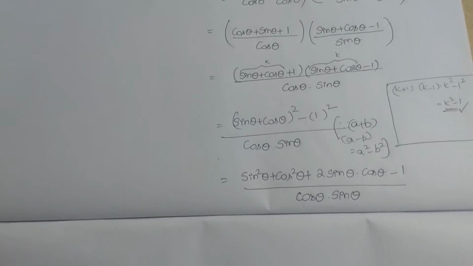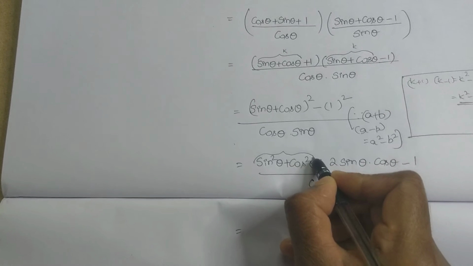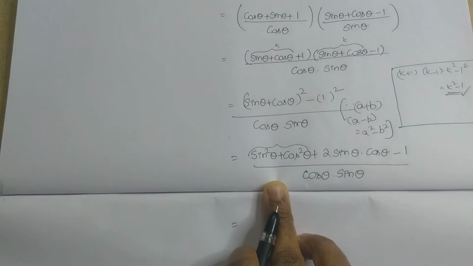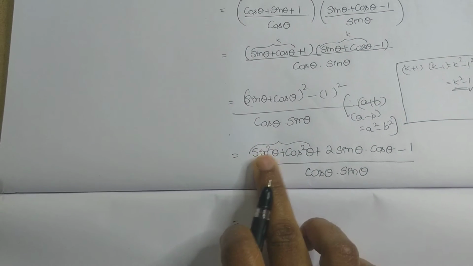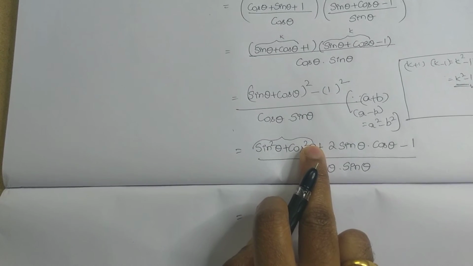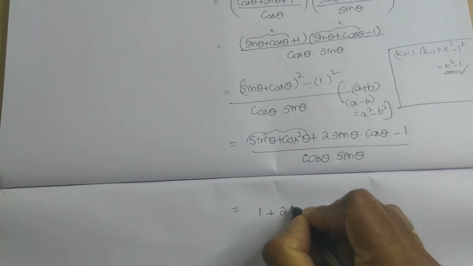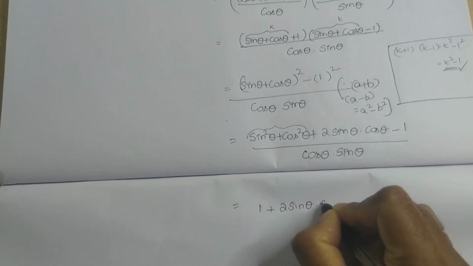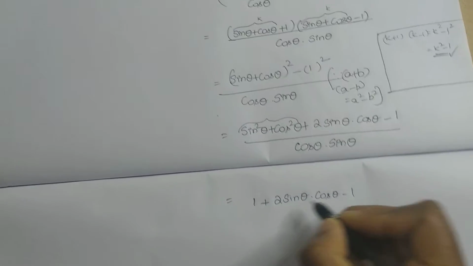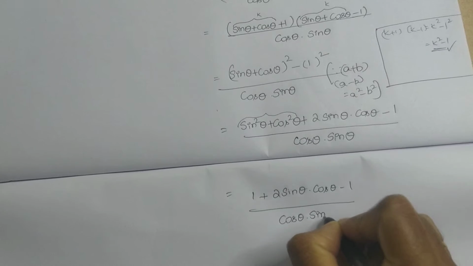So in the next step, what happens? When you see this part, we know that as per trigonometric identities, cos square theta plus sin square theta equals 1. So in this place, can I substitute 1? Yes. So 1 plus 2 into sin theta into cos theta minus 1, divided by cos theta into sin theta.